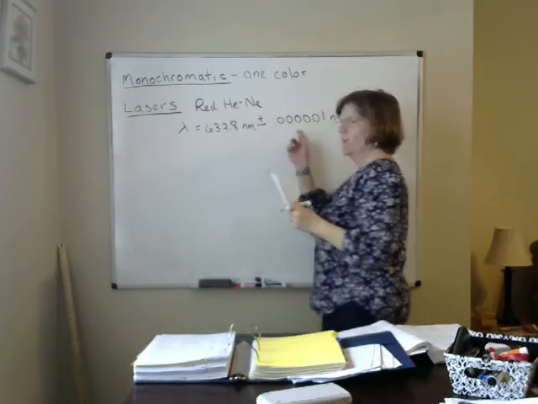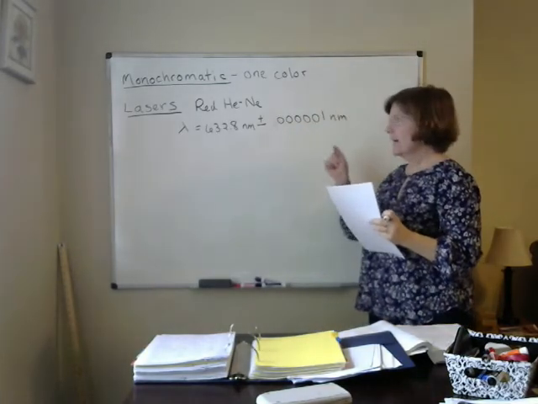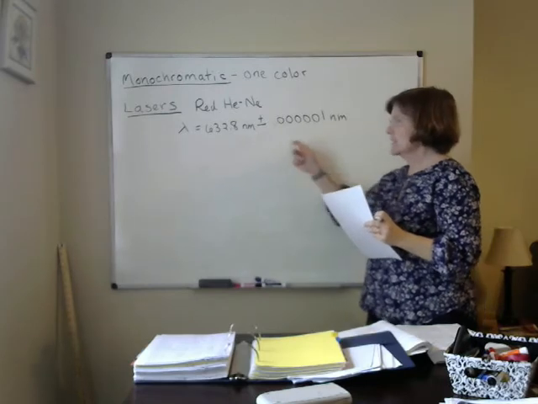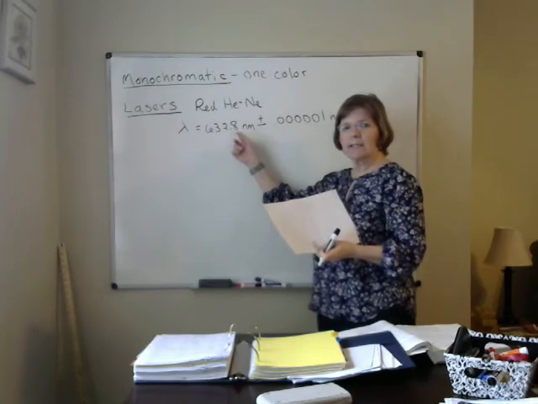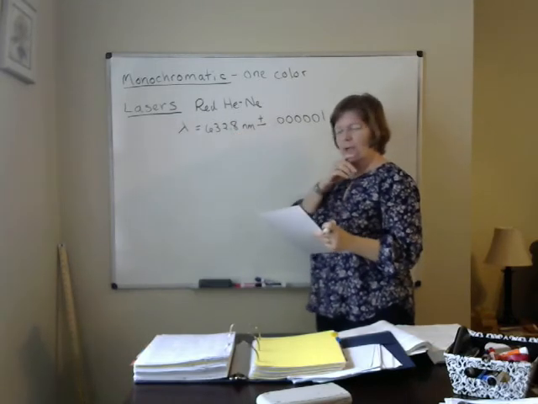This is called the bandwidth. This is how wide a range of frequencies we have. And as you can see, to a tenth of a nanometer at least, this is a single color of light.